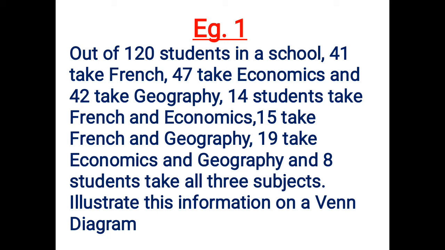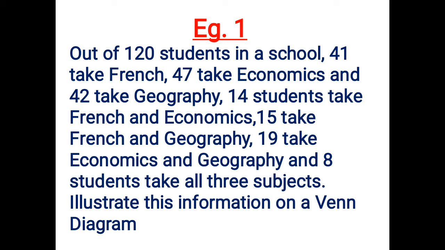After you have got your total number of students, which is the universal or the union of all the circles or all the things we are talking about, now look for the full circles. So representing A, B, and C, look for the full A, you look for B, you look for C, before you go to all 3 subjects. All 3 subjects, the part that is found in all the 3.